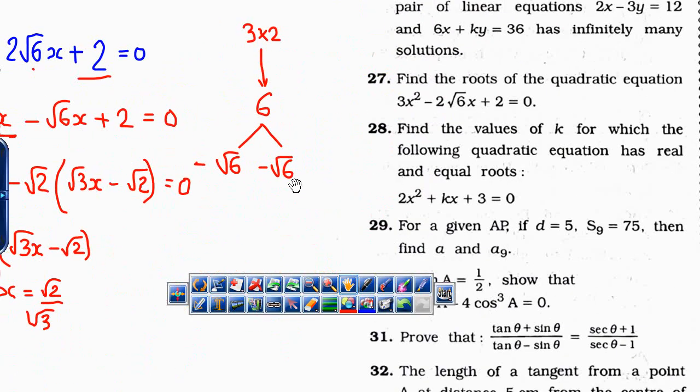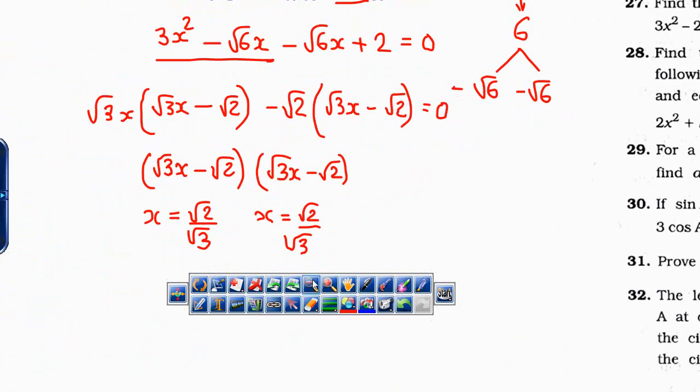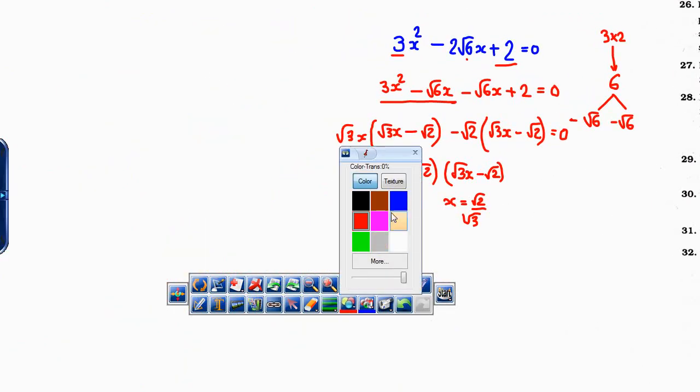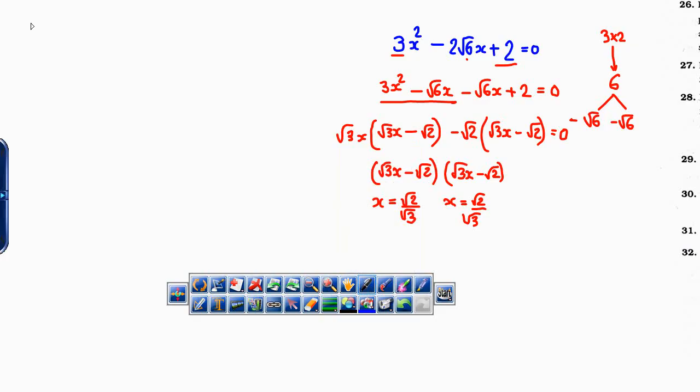क्वेश्चन था फाइंड द रूट्स, ये रहे रूट्स, बट दिस रिक्वायर्स स्किल. दूसरी मेथड, व्हाट इज ए? 3. व्हाट इज बी? -2 root 6. What is C? 2.